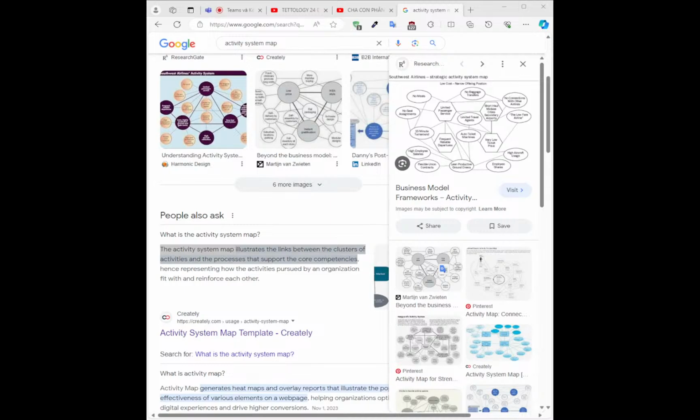The second one is economic property. Economic property refers to the rights and obligations associated with owning something of value. These rights and obligations can be formal, as defined by law, or informal, as defined by social norms and customs.